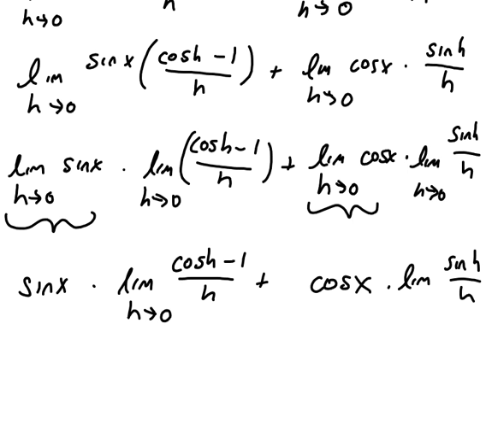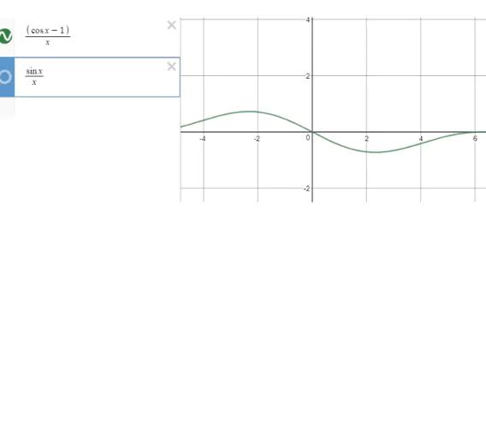I'm going to look at the 2 graphs. This first graph shows me cosine x minus 1 over x, which is similar to with h's, but we want to look at 0. From the left, what's the limit approach? And from the right, does it approach the same value? Yes, and that limit is 0.